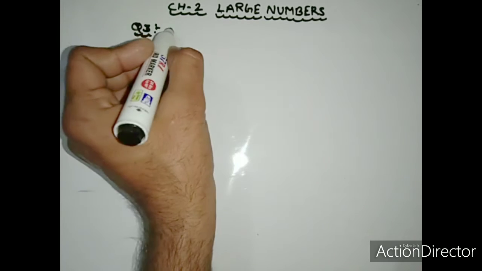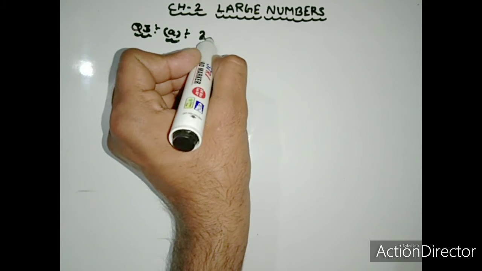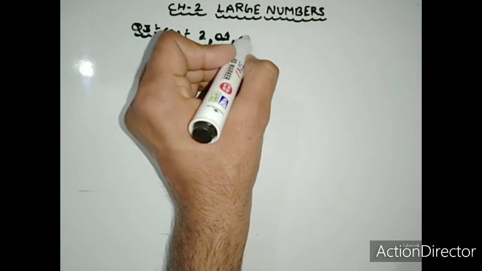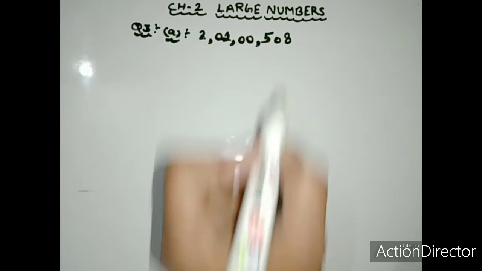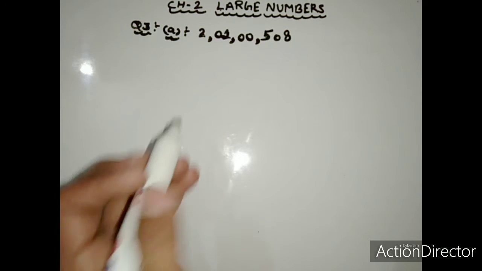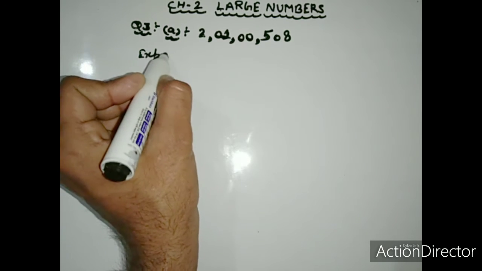Here the first numeral is 2,01,00,508. So here we write the expanded form.